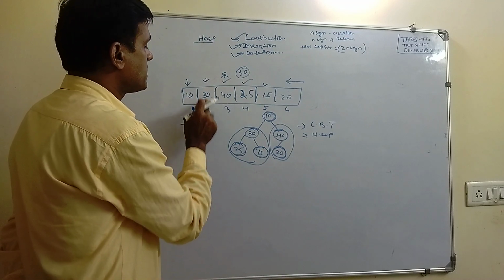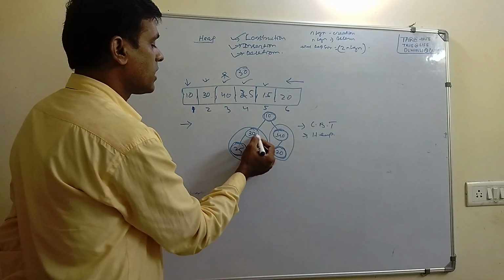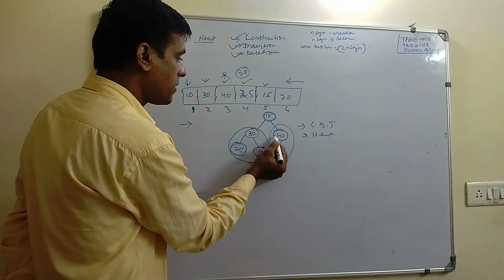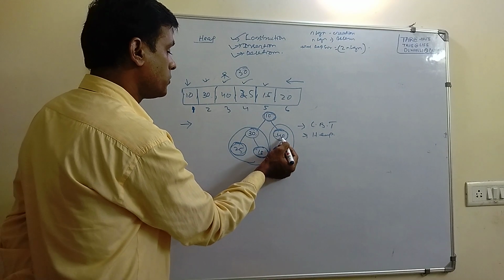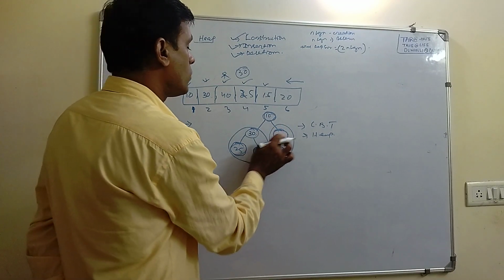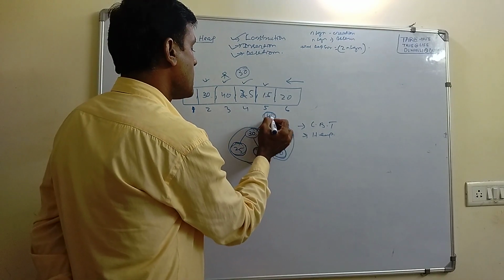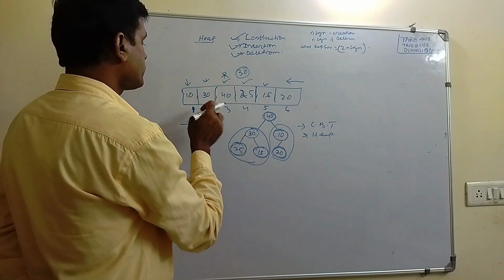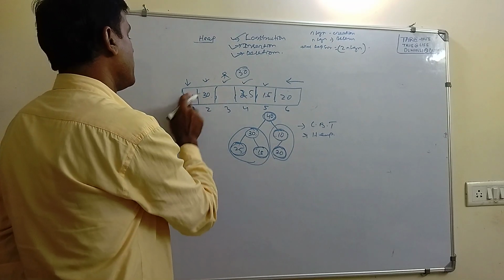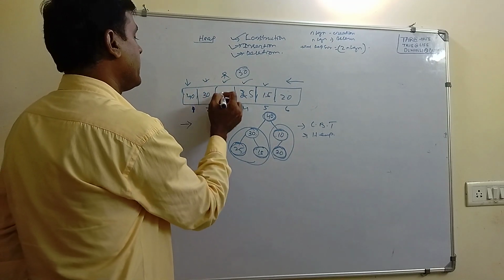That means the 2nd place has 30 and the 3rd place has 40. After comparing, whichever is bigger will go to the root place. So now 40 will go to this place and 10 will come here.